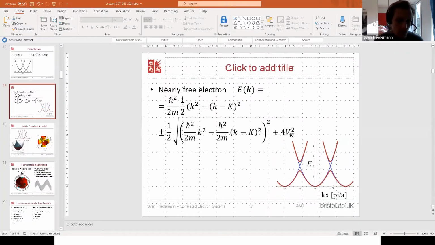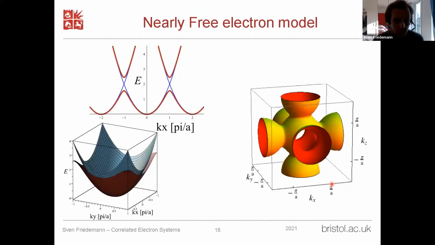Okay, the more important bit is that this can, of course, also give rise to a Fermi surface. This is a 1D example; if you consider it in 3D, you'll get a splitting. The blue is the original free electron band. The red is where the hybridization leads to a lowering of this energy here.